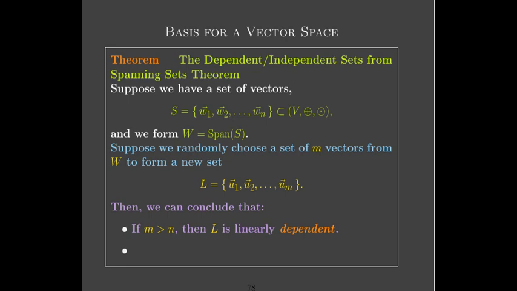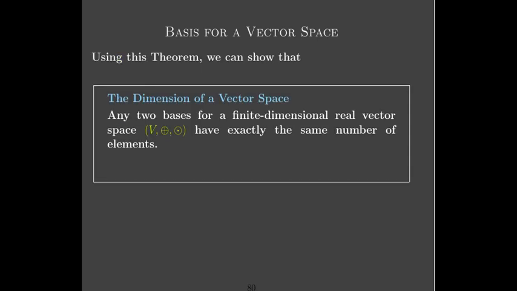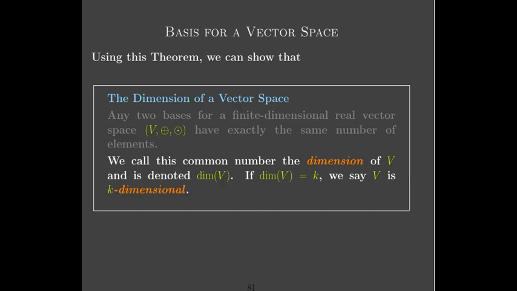Essentially, the number of vectors in the original set is the maximum number of independent directions that we could get. And so if I choose more than that, at least one of them has to be a linear combination of the others, so it would be linearly dependent. On the other hand, if I know that my new set is linearly independent, then I could not have taken more than the number of vectors that I started with.